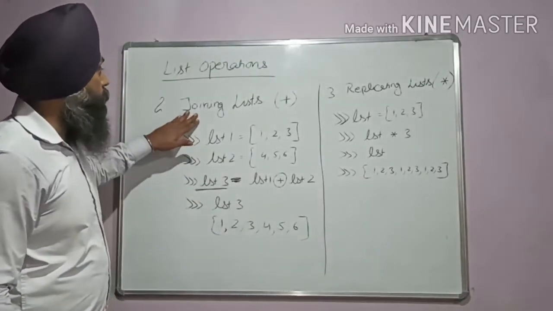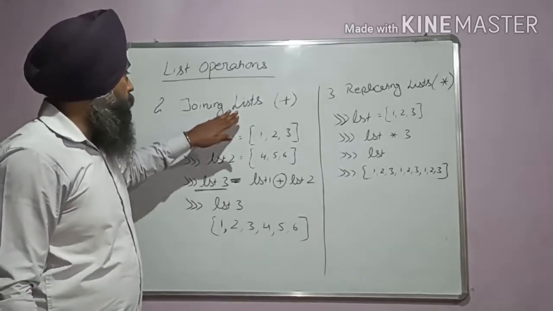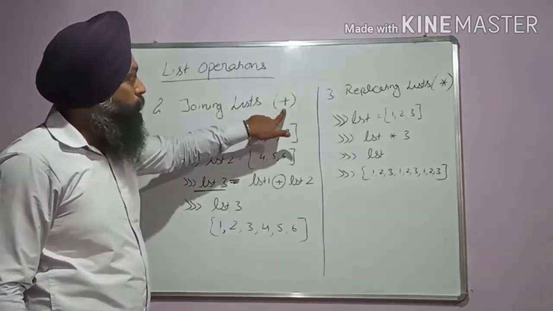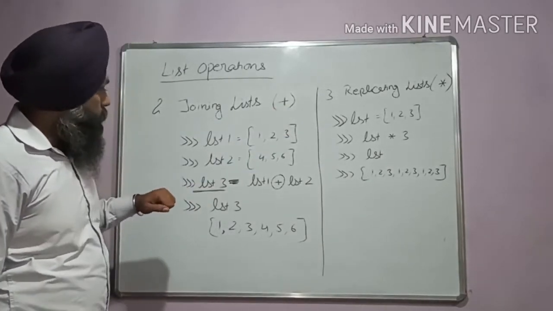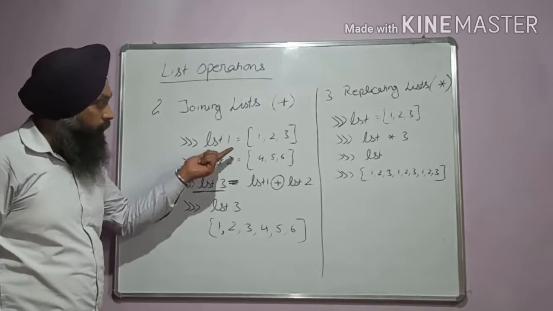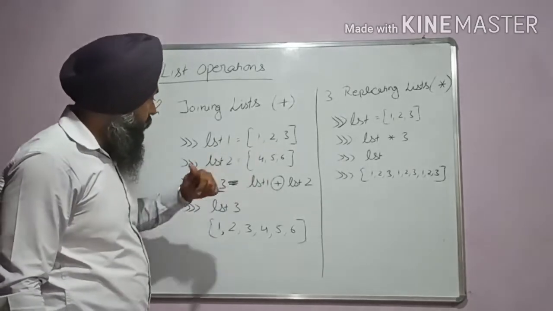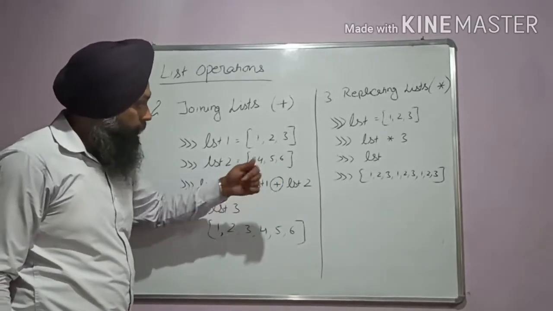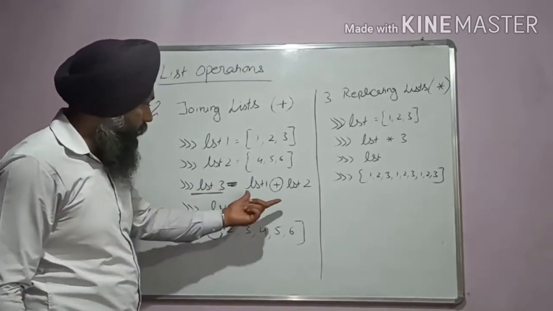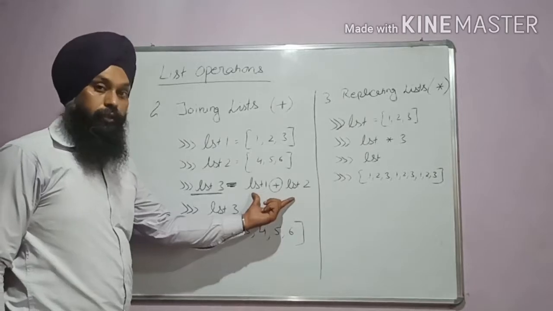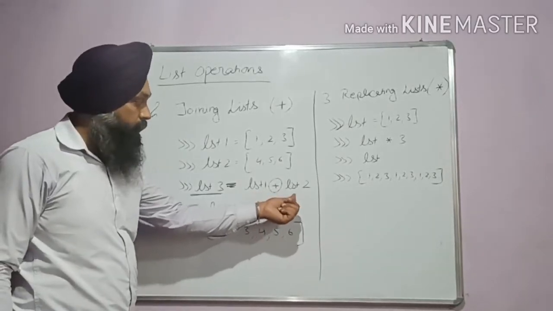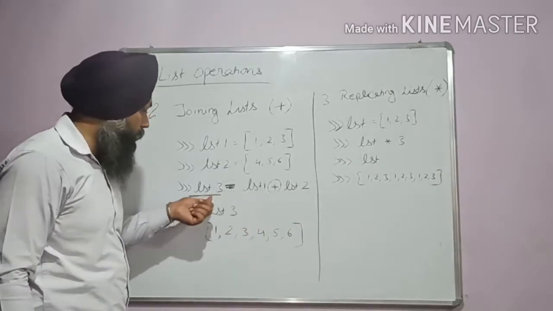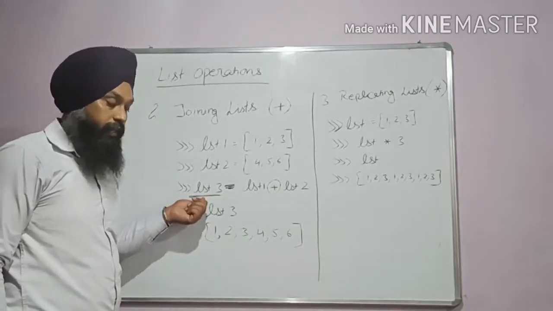Next we have joining lists. Joining lists means addition of the lists. For this we use the plus symbol. Now see, here we have list1 having elements 1, 2 and 3, and list2 is equal to 4, 5 and 6. Here we added the two lists, list1 plus list2, and we are assigning this result to the third list, list3.